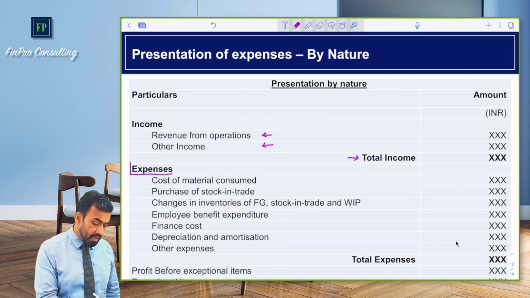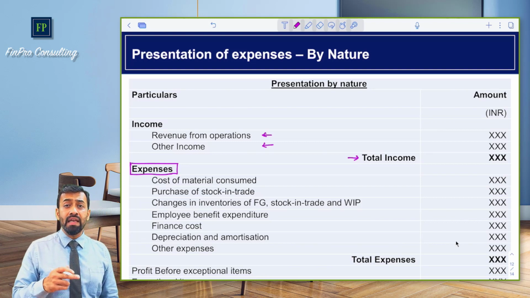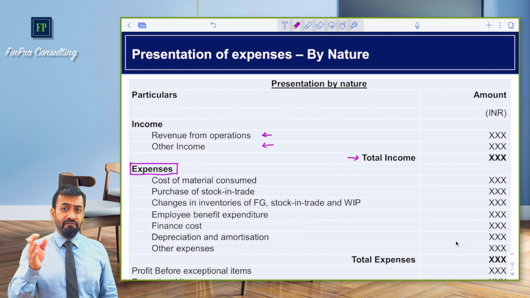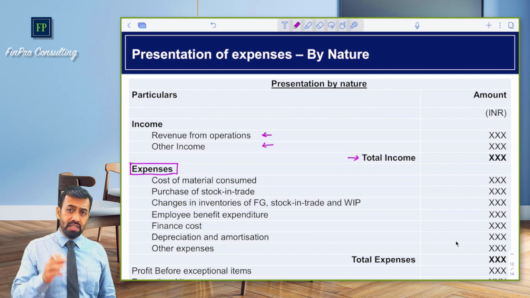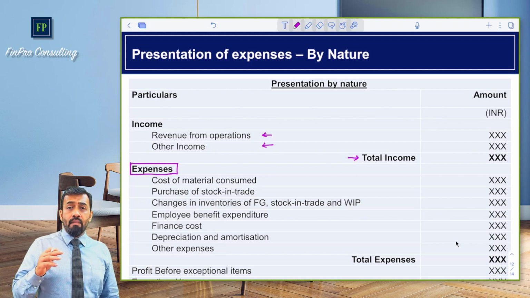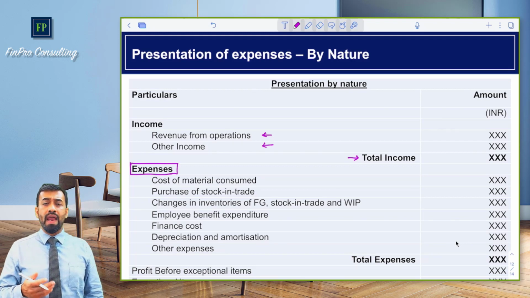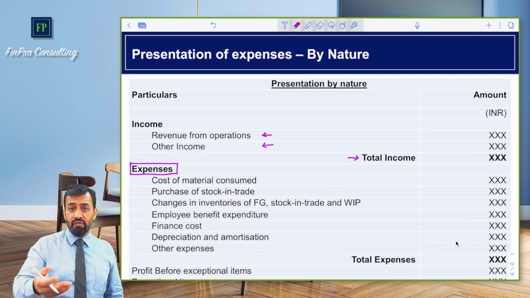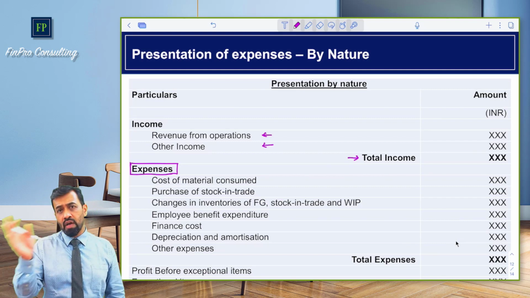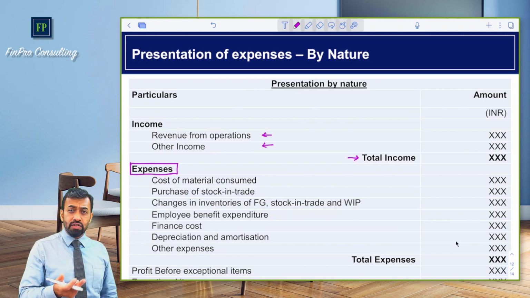So the entity can present expenses by nature or by function. That's what IAS 1 says. The entity has a choice. Internationally, the most common way adopted by multinational companies for presentation of expenditure is not by nature, it is by function. Here, by nature, what does it mean?